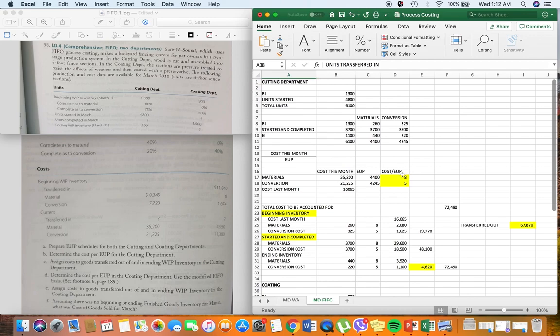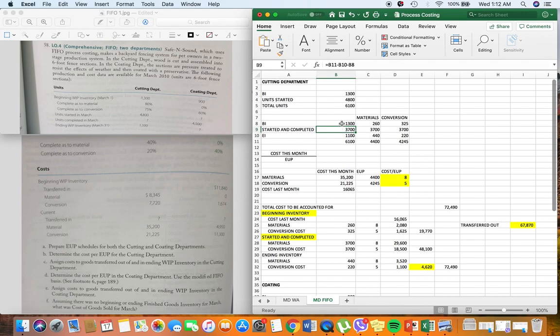So, balikan natin. The EUP computation in our cutting department kasi, syempre, we have the beginning inventory, 1,300. Started and completed, 3,700. And ending inventory, 1,100. So, syempre, in FIFO, we assume that the beginning inventory are the ones we finish first. And of course, yung started and completed are also finished, diba?